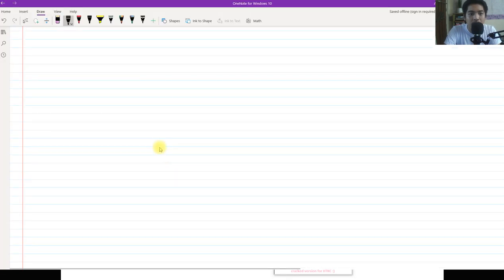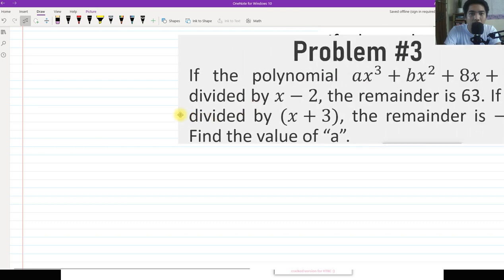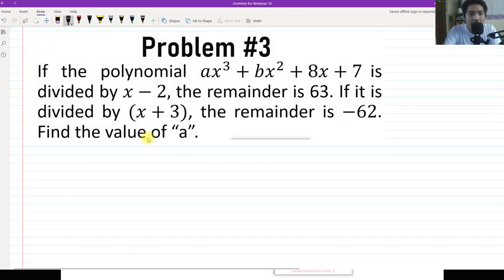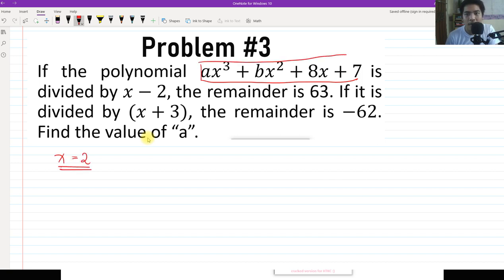We can do this by simply substituting first a value of x equals 2. If we divide this whole polynomial by x minus 2, it simply means that we substitute 2 in this polynomial. So we have a times 2 cubed plus b times 2 squared plus 8 times 2 plus 7, and according to the remainder theorem, it should be 63.